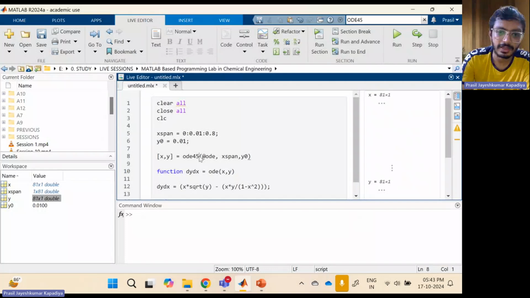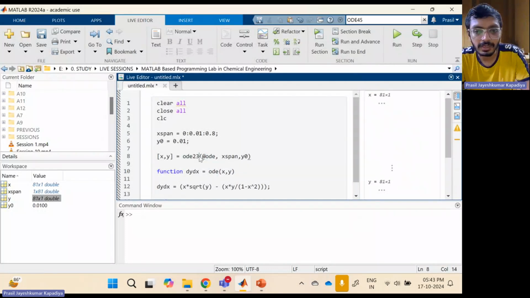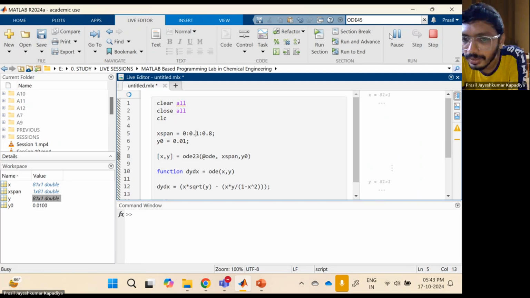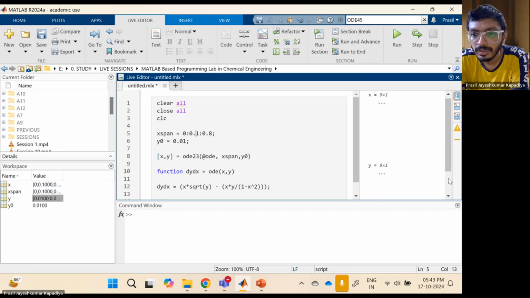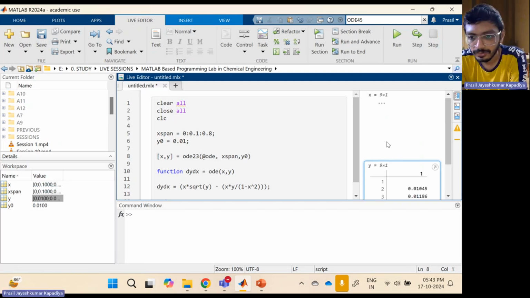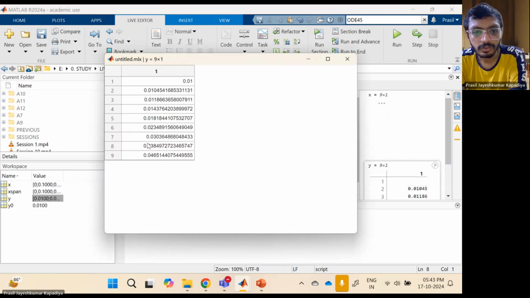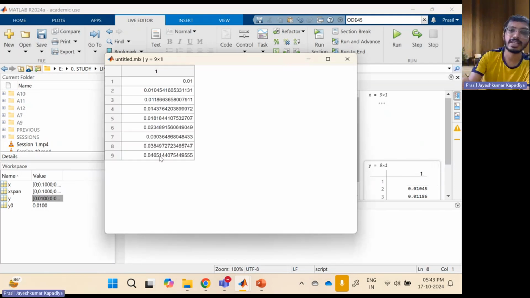If I use ODE23, let's see what I'm getting with 0.1. So that is 0.0465, and there is a slight difference.